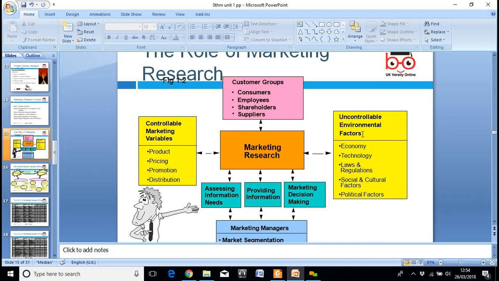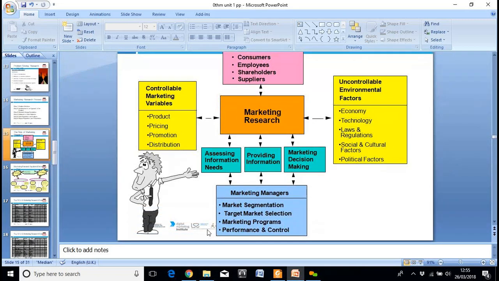The economy, these are uncontrollable environmental factors. The economy of the country you're working in, or countries that you're working in, the technology used, laws and regulations are also a large influence. Social and cultural factors also provide quite a lot of issues. And political factors always produce issues.